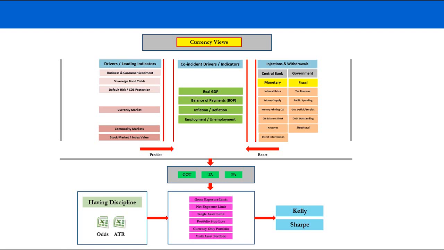And as a reminder, this part of the video series and the overall process comes as part of the overall having discipline section under risk management.